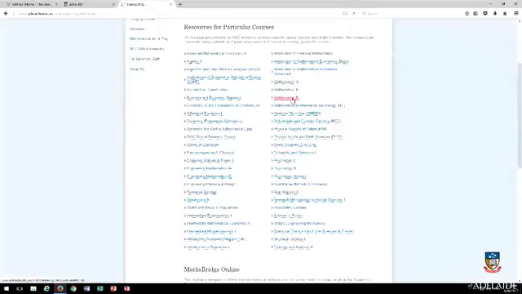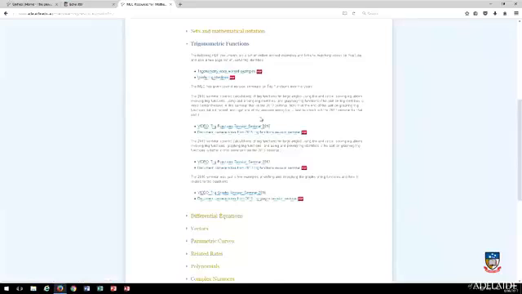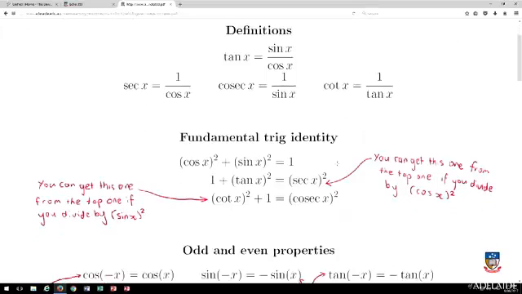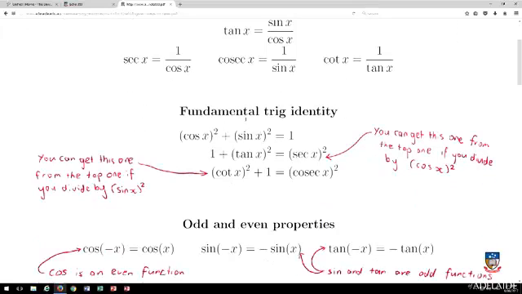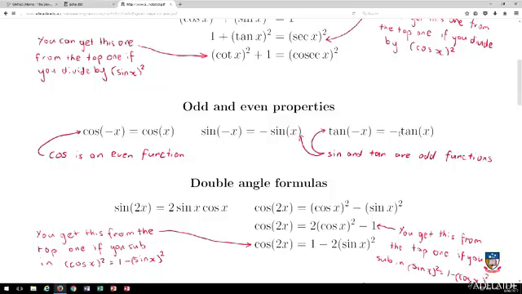And it has those things I mentioned earlier, the fundamental trig identity and friends, with some notes for how you can get them from the other things. Oh, these ones I didn't mention, actually.